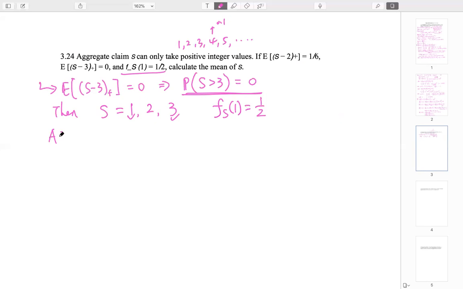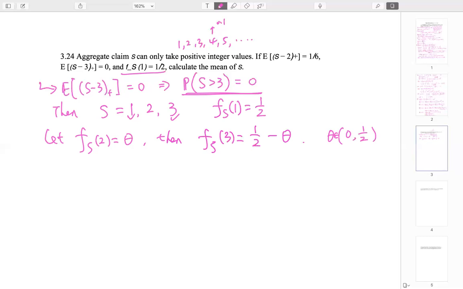So let the probability that S equals 2 be theta, then the probability that S equals 3 must be 1/2 minus theta, right? It's a probability distribution. Adding all 3 probabilities, it must be 1. And obviously, we know theta is greater than 0, less than 1/2, okay?